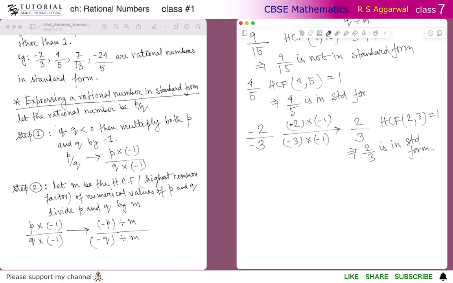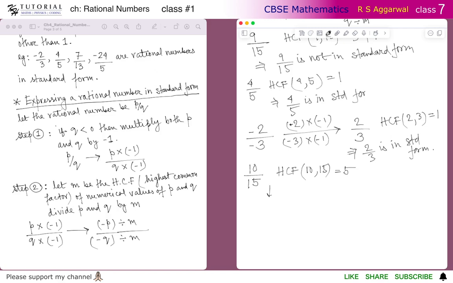Let's say I have the rational number 10 by 15. I can clearly see 15 is already positive, so step 1 is not required. Now, step 2, I have to find the HCF of 10 and 15, and I know the HCF of 10 and 15 is 5. So, what will I do?